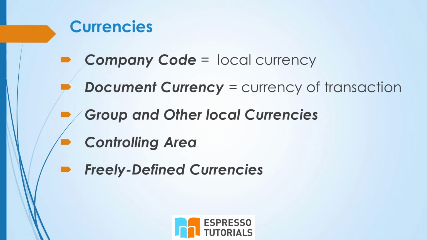The document or transaction currency will often be the same as the company code currency, but may differ, particularly where organisations trade with other countries. In addition, there may also be a requirement for companies to record transactions in the group currency if their local currency differs from that of their head office. From S/4HANA On-Premise 1610, you can also define up to 8 additional freely defined currency types and different currencies for different modules such as material, ledger and controlling.